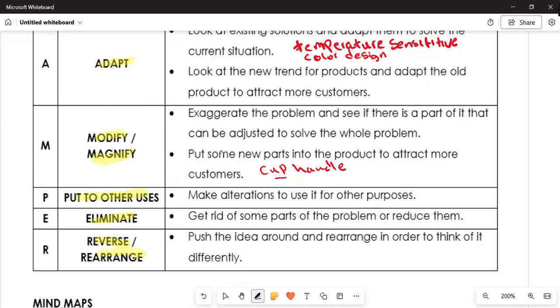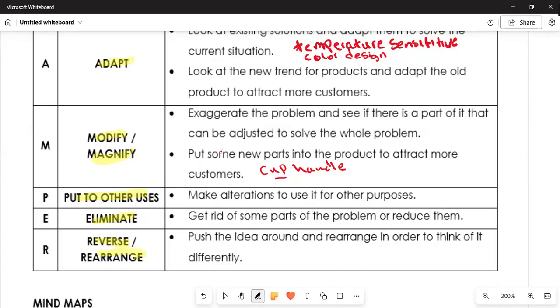Example, turn the coffee cup into a desk organizer by using it to store pens and small stationery. So you see, now it is a different purpose. Now the coffee cup is going to be used to store pens and stationery items.